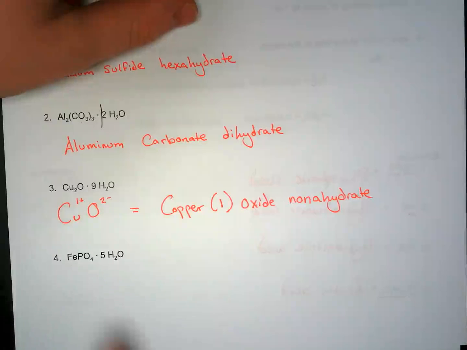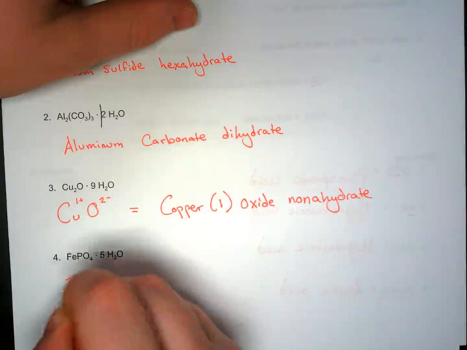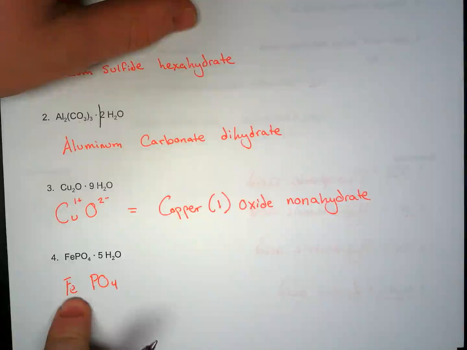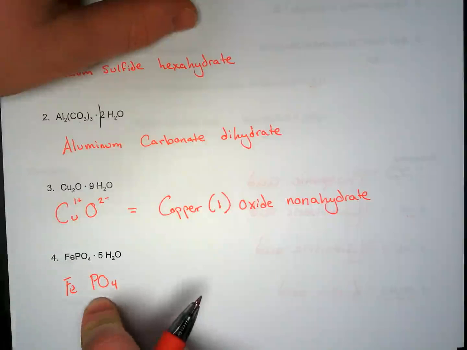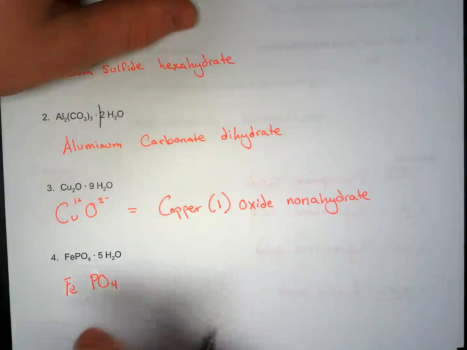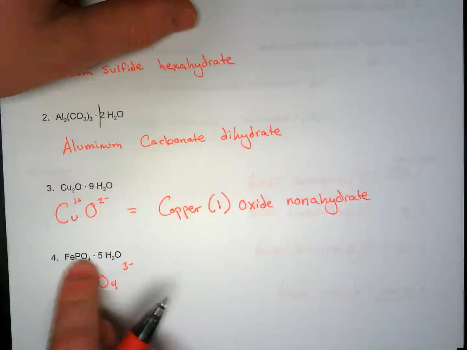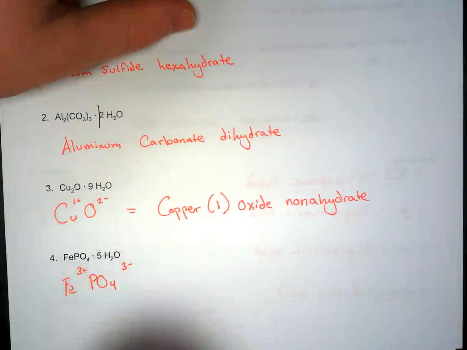Easy peasy. Here we've got iron. We've got some sort of iron, but again we've got to reverse crisscross. I don't know what iron's charge is, but I know that phosphate's charge here is going to be 3 negative. If that's 3 negative, and both of them aren't showing any other subscripts down here, that must mean this is iron 3.